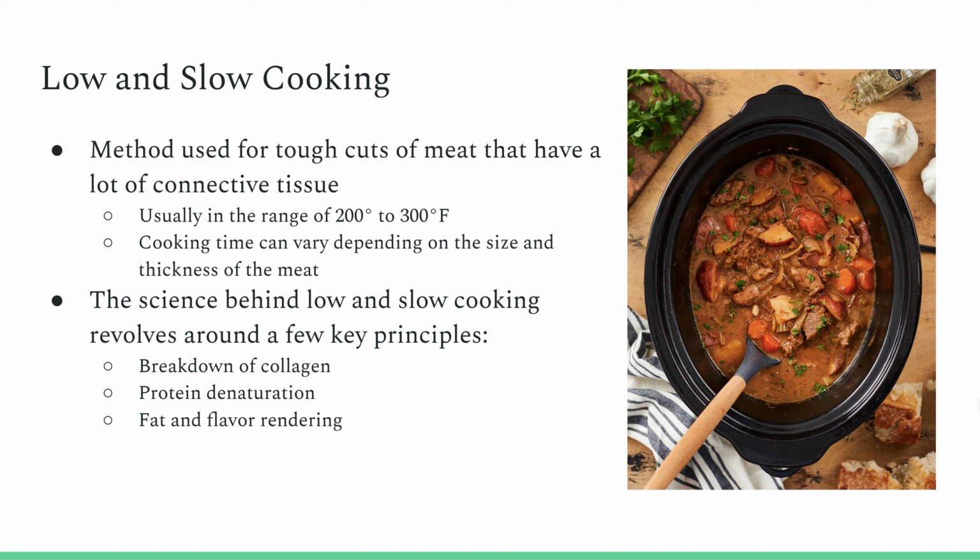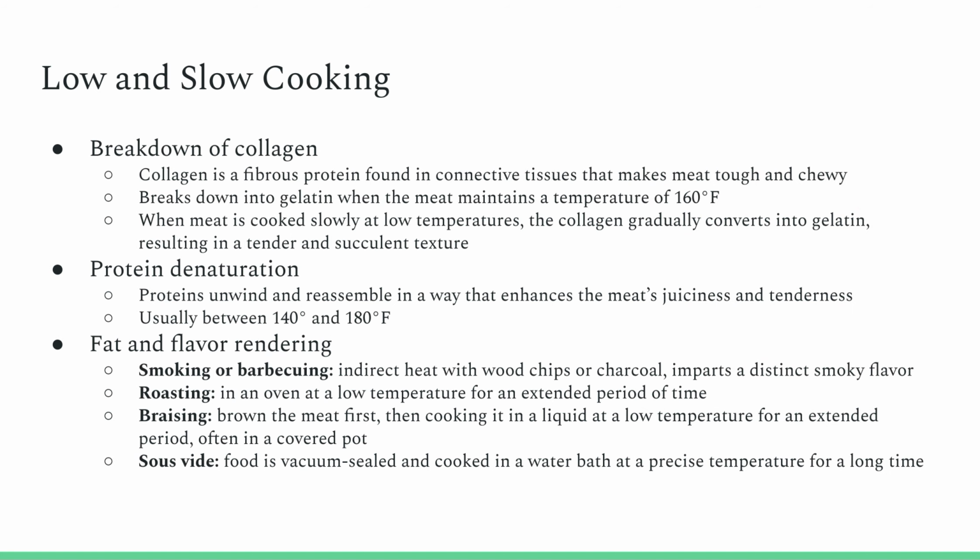The science behind low and slow cooking revolves around a few key principles, and that is the breakdown of collagen, protein denaturation, and flavor and fat rendering. So, the breakdown of collagen. Collagen is a fibrous protein found in connective tissues that makes meat tough and chewy.